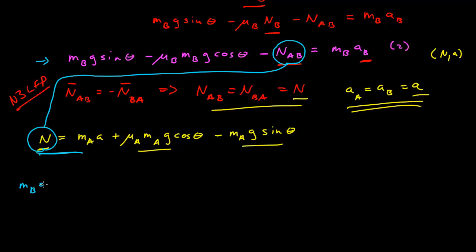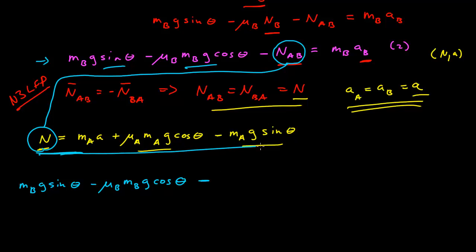I have m sub B g sine theta, that's just this first term, minus mu sub B m sub B g cos theta, that's this term, minus, now this whole thing, m sub A a minus mu sub A m sub A g cos theta plus, remember this is minus all these things, m sub A g sine theta, and all of this is equal to m sub B a.